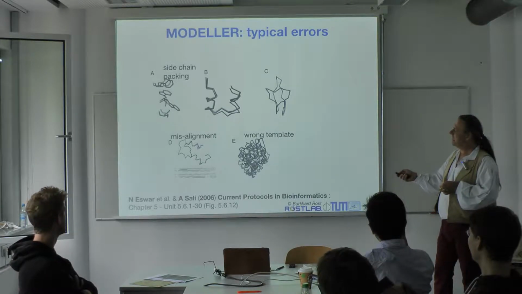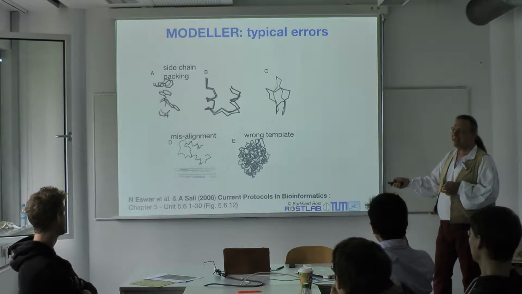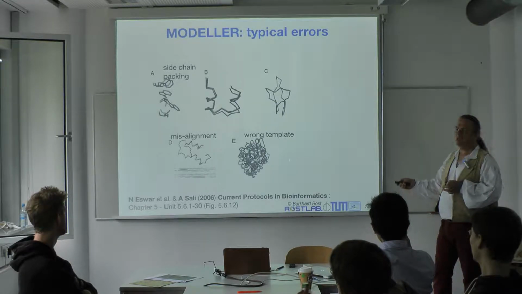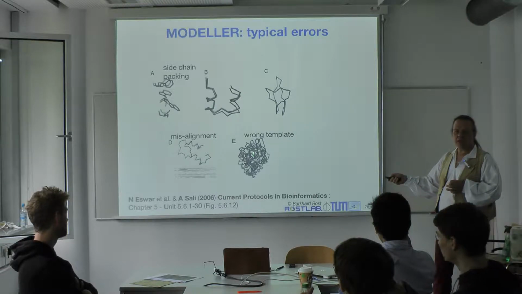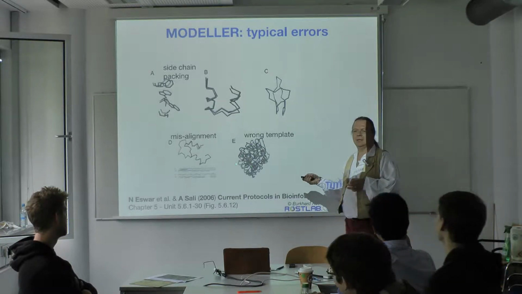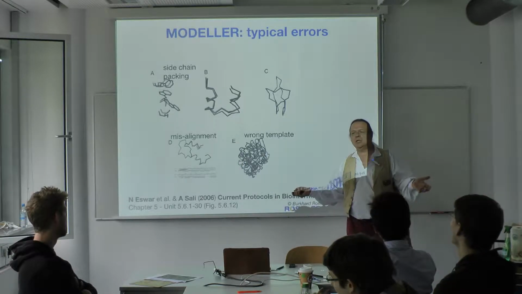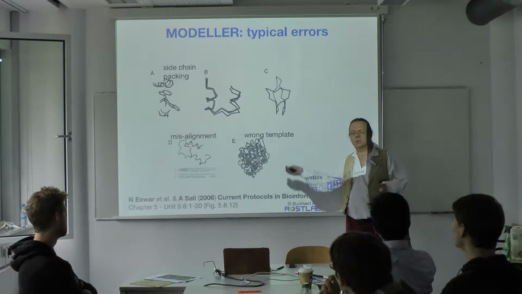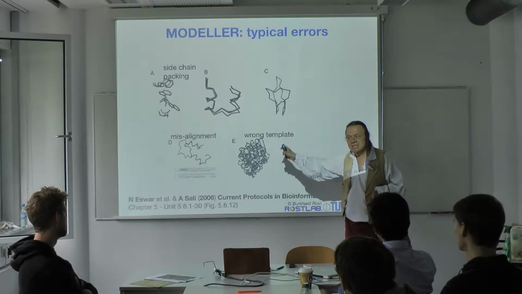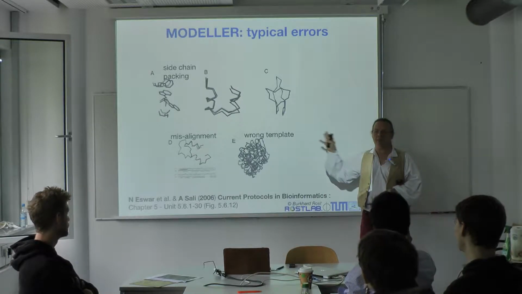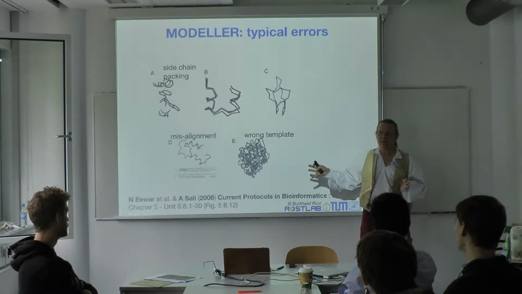You get the backbone slightly wrong, you misalign the sequence, and you get a totally wrong template. Now if you get a totally wrong template, why is your energy not showing you that? So what I'm saying, typical mistakes, means those, in fact, after the modeling pipeline, come out as the best prediction of Modeler, or any other package.